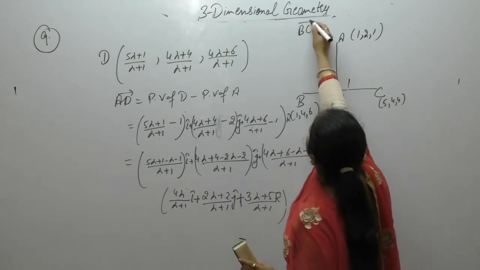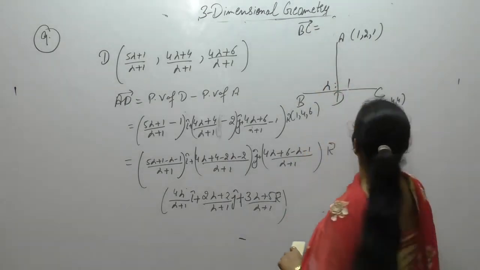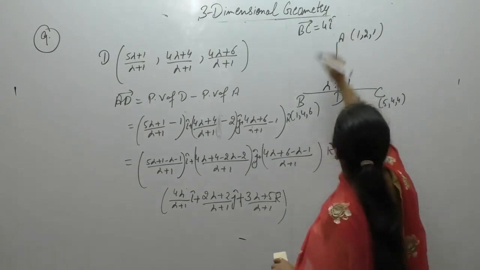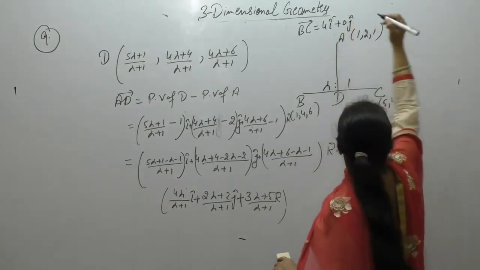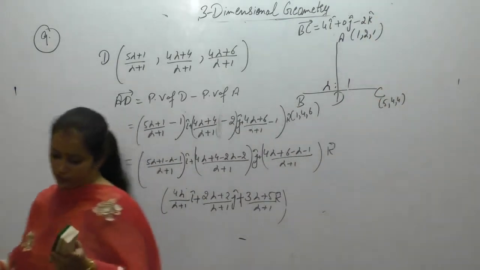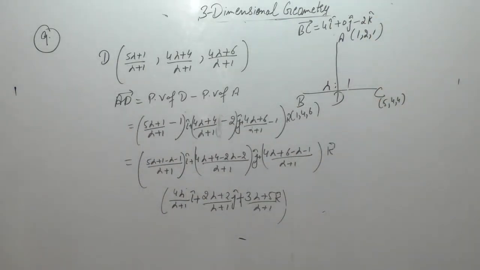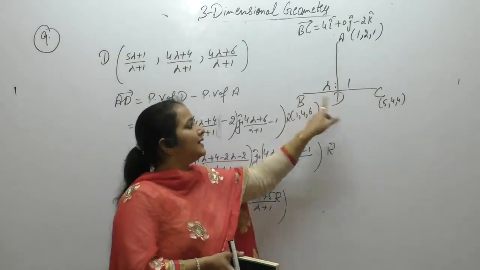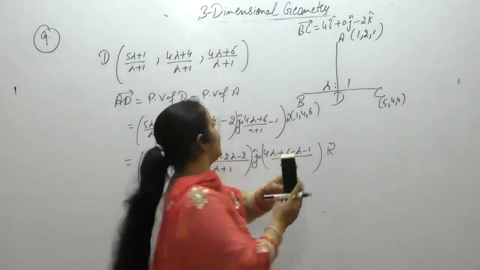Now position vector of BC. BC vector is position vector of C minus position vector of B. 5 minus 1, 4 minus 4, and 4 minus 6. So BC vector is 4i plus 0j minus 2k. Now AD is foot of perpendicular, that is AD is perpendicular to BC.